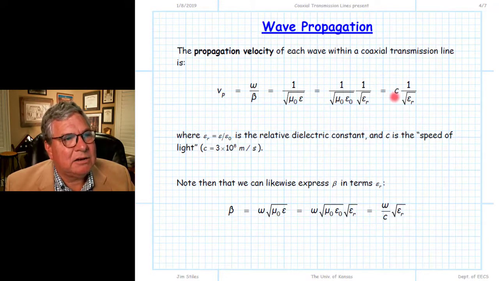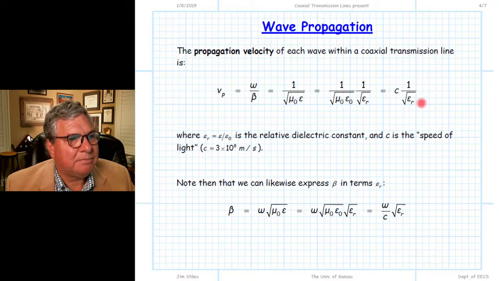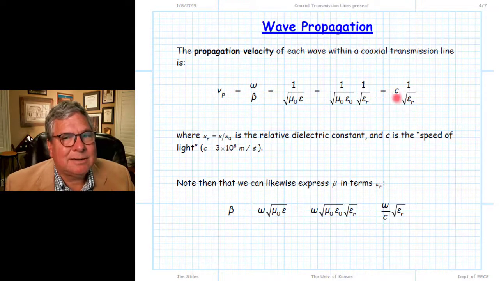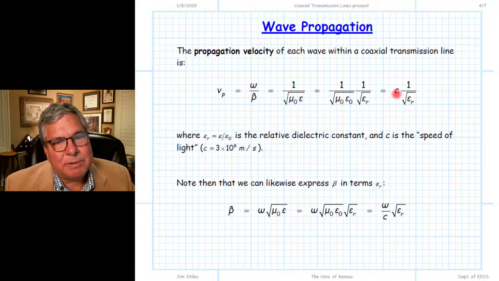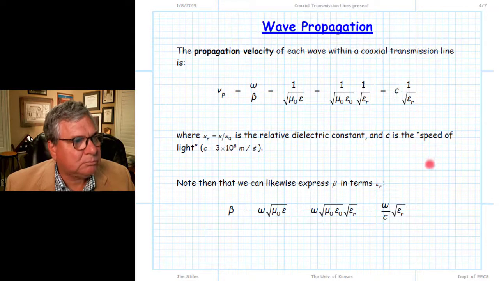And notice c here is the speed of light. It's the speed of light divided by the square root of the relative dielectric constant inside of that coaxial transmission line. And of course, if this relative dielectric constant were equal to 1, then the velocity of electromagnetic propagation would be c, the speed of light. And of course, that's because c is the speed of electromagnetic propagation in free space.